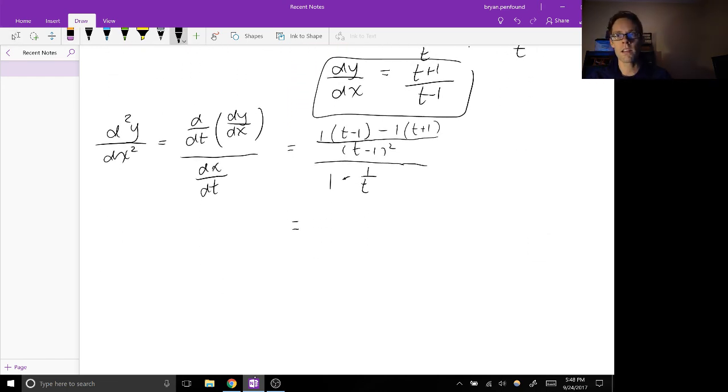So let's take a look up top. So I'm going to get t minus 1 minus t minus 1. Okay, and you might as well simplify this denominator too, to t minus 1 over t, just in case something's going to simplify here.